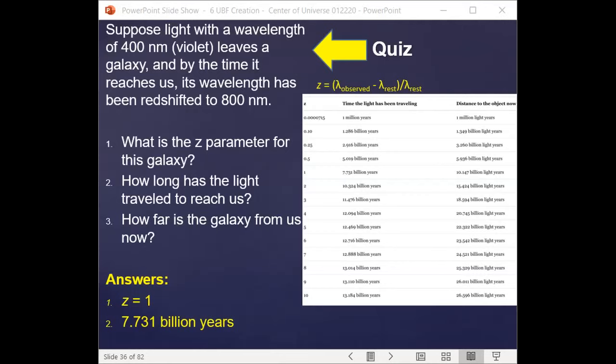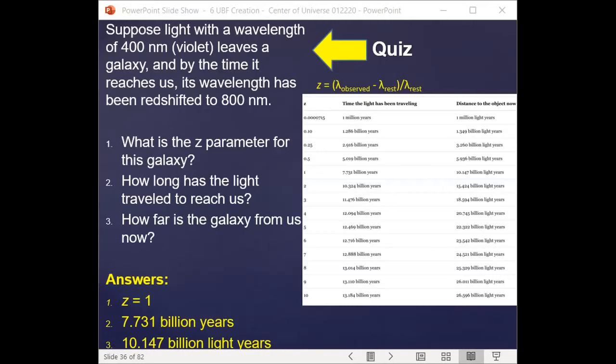And then because the universe is expanding, the distance to the object now has to be larger than this number. That is in the third column: 10.147 billion light years away. That point is now 10.147 billion light years from us. It's a huge, humongous number.